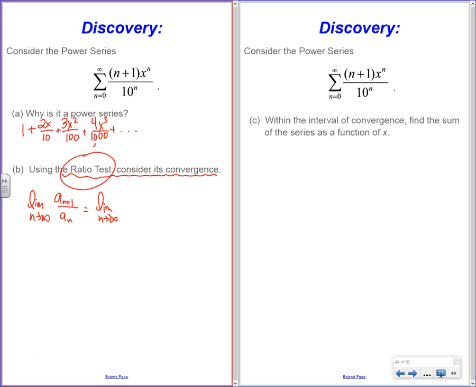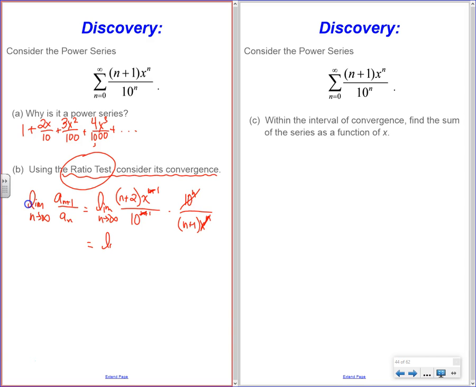A sub n plus 1 will have n plus 2 times x to the n plus 1, and dividing is the same as multiplying by 10 to the n all over n plus 1 times x to the n. Then the 10 to the n cancels with the 10 to the n plus 1 part, so there's only one 10 left, and x to the n reduces, leaving x.